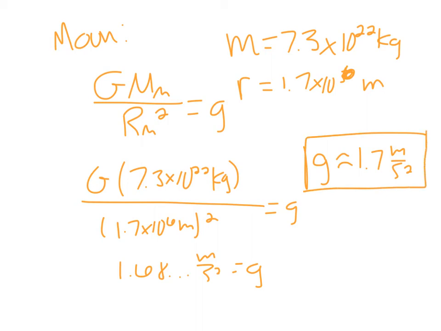A lot of times you'll see it's about 1.6, that's just from rounding, so I could have made these a little bit longer in terms of their decimals and we would have gotten something a little bit closer to 1.6. But in general, anytime you're looking for the gravitational acceleration, or little g, on another planet, it's going to be equal to big G, which is the same everywhere in the universe, times the mass of that planet or moon divided by the radius squared.